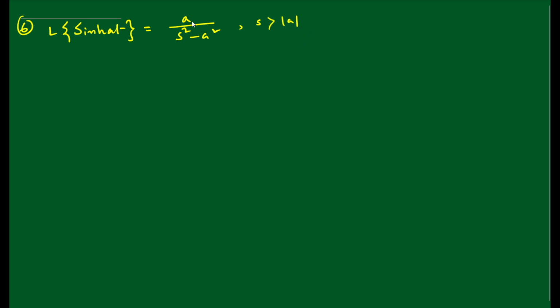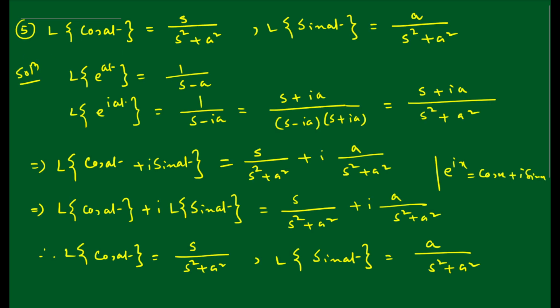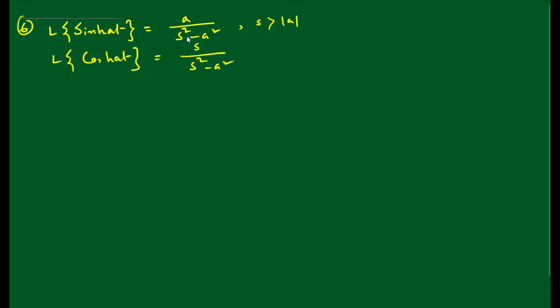This is the condition under which it is satisfied. Similarly, for cos hyperbolic at, you will get s divided by s square minus a square. What is the difference between the last one and this one? When you write cos and sin, the denominator is s square plus a square. In hyperbolic, the only difference is the minus: a divided by s square minus a square, and s divided by s square minus a square.